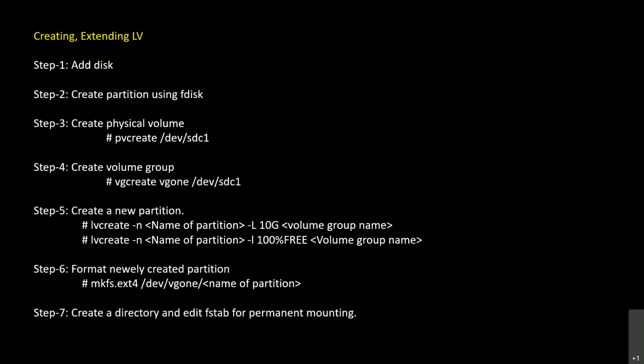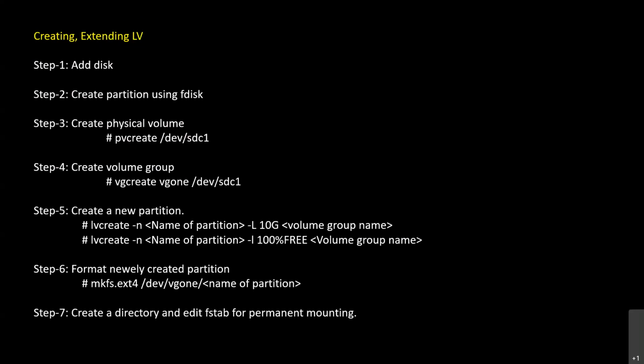Now we will see how to create a logical volume. Once we add the disk and create a partition using fdisk, we create a physical volume, and then we add that physical volume to a volume group, or we create a new volume group, and then we create a new partition.